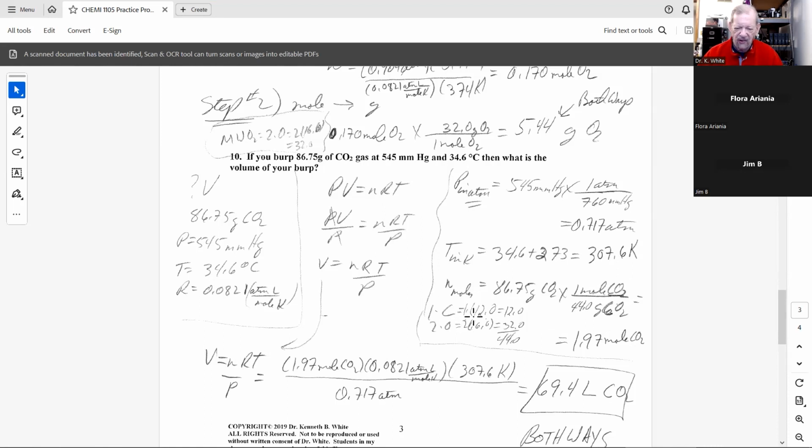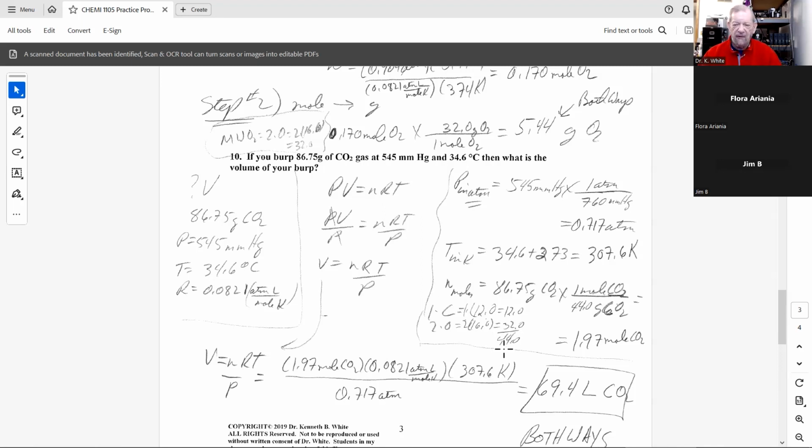For carbon, there's 1 of them. And remember, use all atomic weights, the 3 significant figures. And that's 12.0. 1 times 12.0 is 12.0. There are 2 oxygen. Each oxygen is 16.0. 2 times 16.0, 32.0. Add them up.